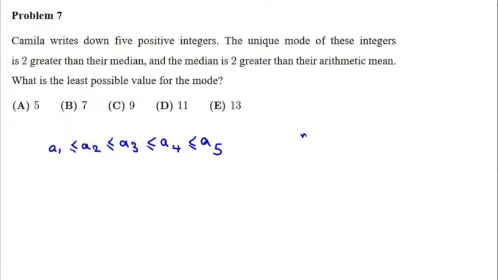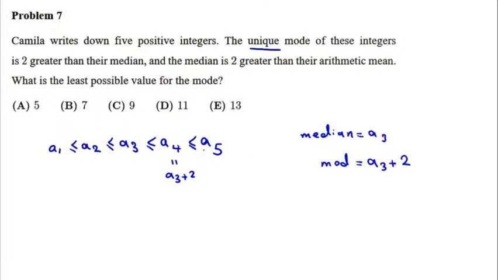So here the median is what? Is A3. Now, the problem says the unique mode of these integers is 2 greater than their median. So the mode is A3 plus 2. So the mode is the number that you will see more than the other numbers, and it is unique. So it has to be only A4 because we have only A4 and A5 that can be greater than A3.